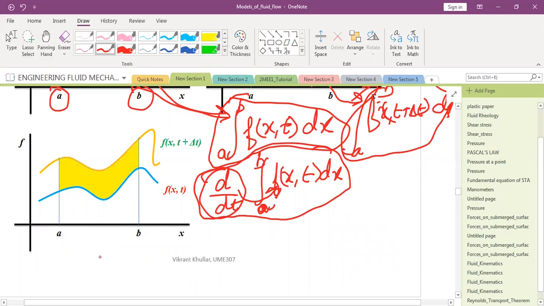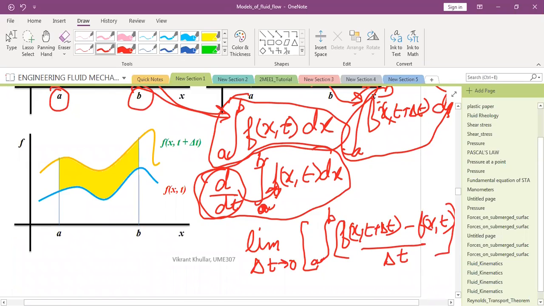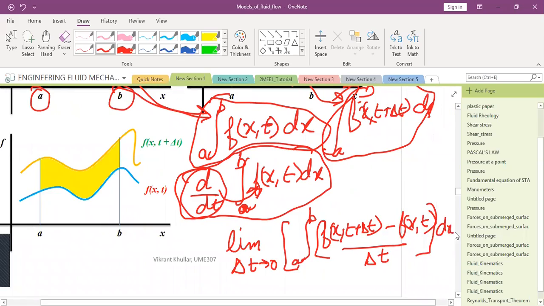The limit of change with respect to time, as delta t tends to 0. So what should I write? The limit as delta t tends to 0 of the integral from a to b of f(x, t plus delta t) minus f(x, t), upon delta t, dx. Clear?